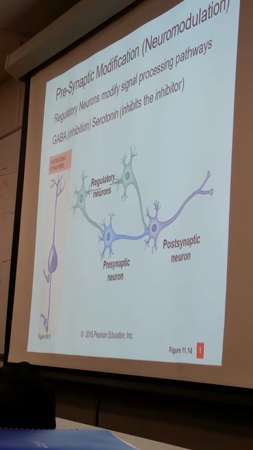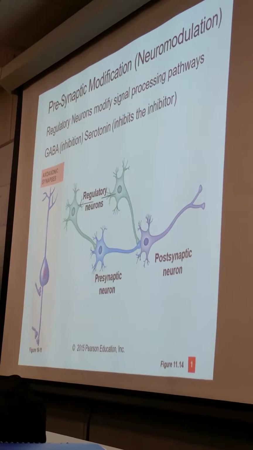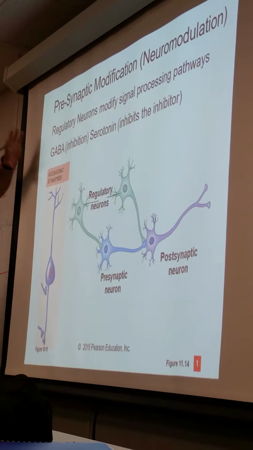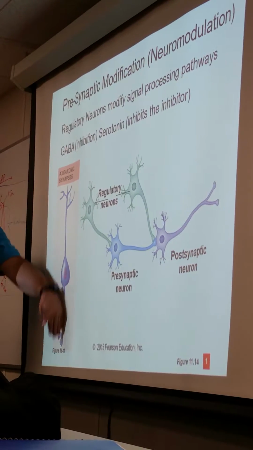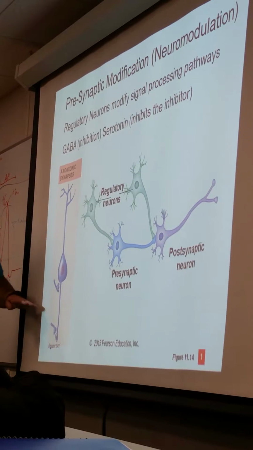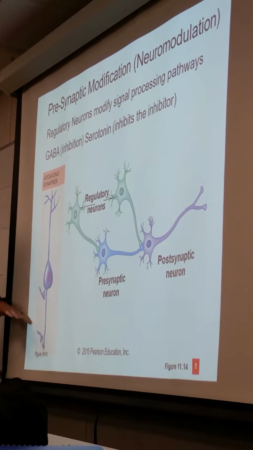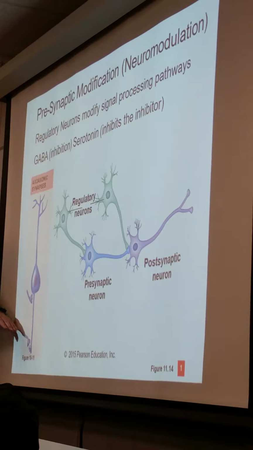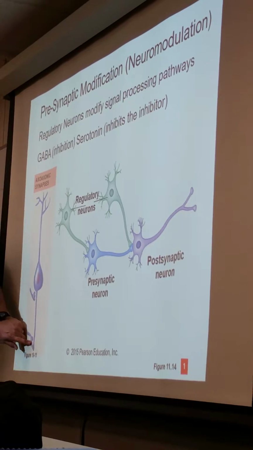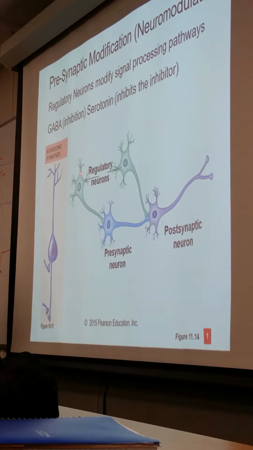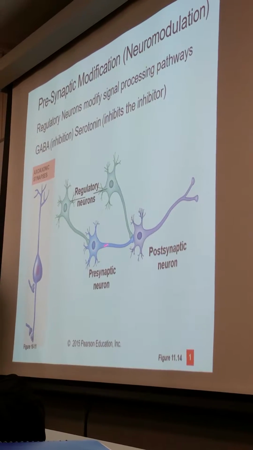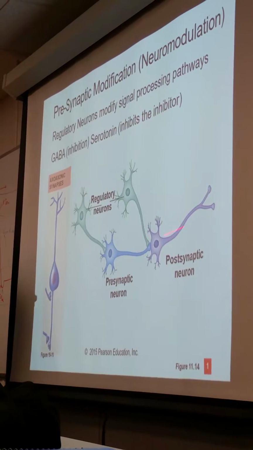So there's presynaptic modification, also called modulation. Remember how an axon can talk to an axon? Here's a signal pathway, and here's some interloper trying to come in and mess with that signal. This is the neuromodulator that's coming in from the side. Or do it this way: blue is trying to talk to purple, we're having a blue to purple conversation.